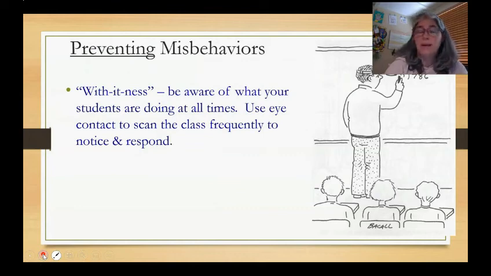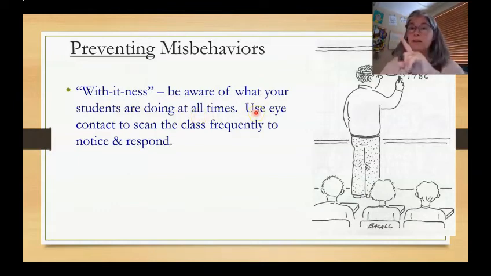Something else you want to think about, this is an interesting term, is called with-itness. With-itness is looking at how observant you are in the classroom and how well you really know what's happening in your class. So be aware of what your students are doing at all times. Use your eye contact to constantly scan the class to see, is everybody on task?